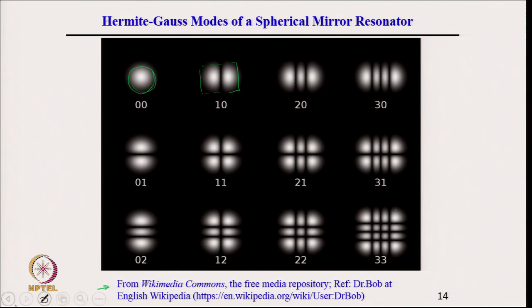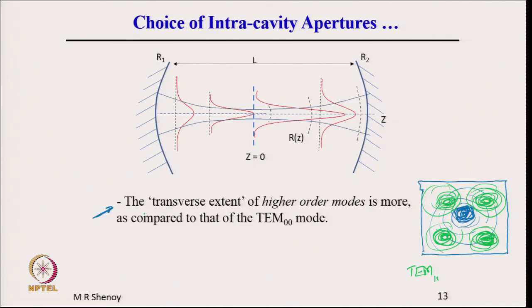So, that is the statement that I have made here. The transverse extent, this refers to spatial extent of higher order modes is more as compared to that of the TEM00 mode.